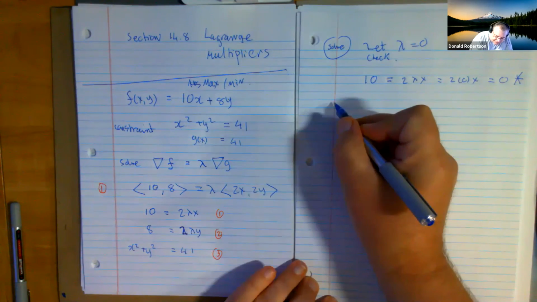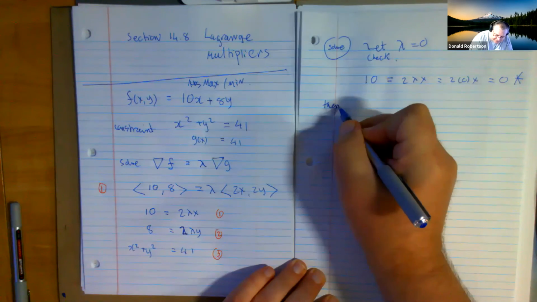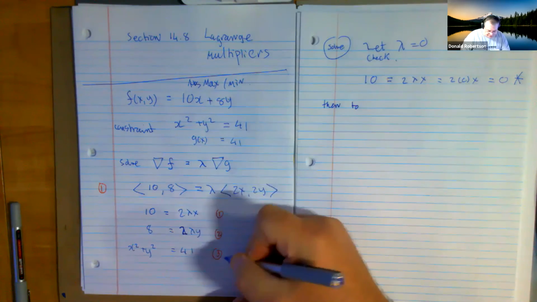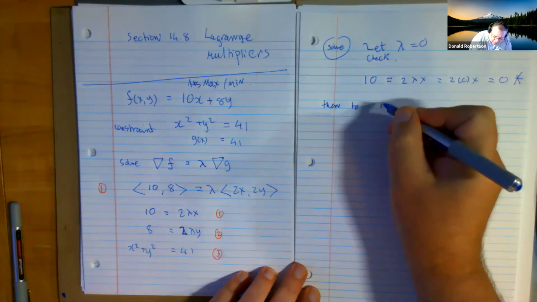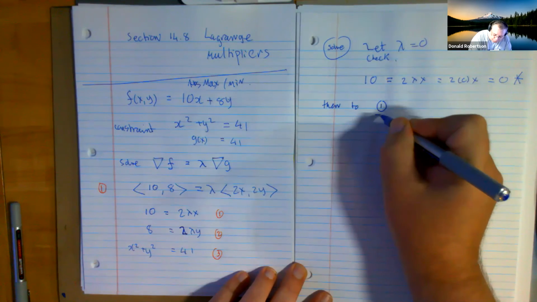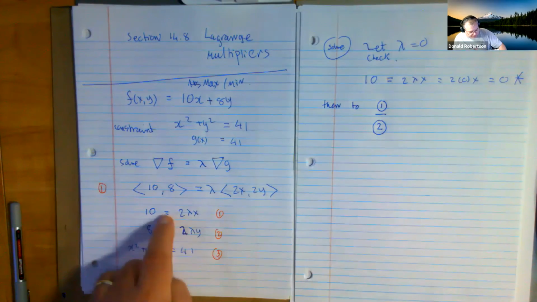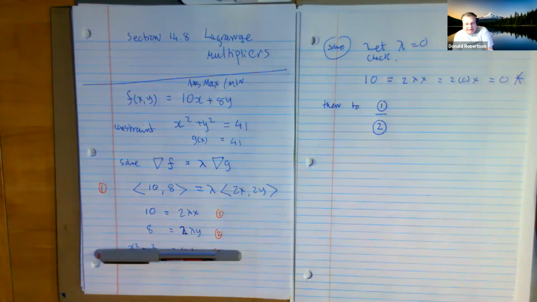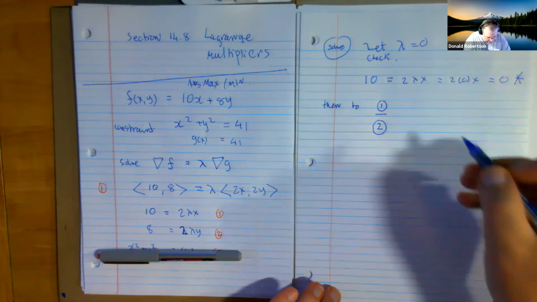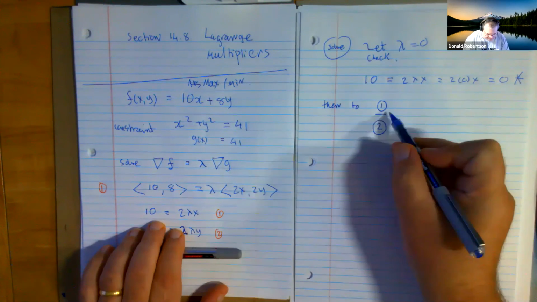Then you move on to these guys. And one of the most common strategies for tackling this type of question is to take equation 1 and divide it by equation 2. Now, equation 1 has got two sides to it.